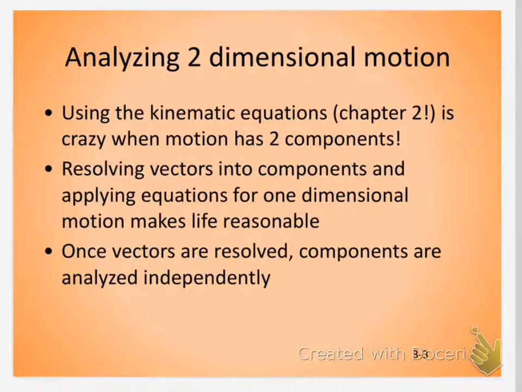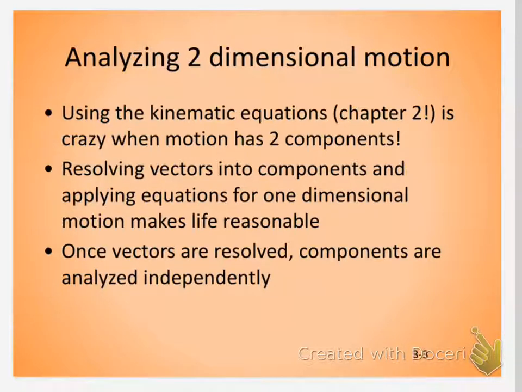We've applied them to 1 dimension. It's easy in 1 dimension. When you've got 2 dimensions, it becomes a whole lot crazier. So what we do is we break the motion down into the x components of the motion and the y components of the motion, and then we apply the kinematic equations.